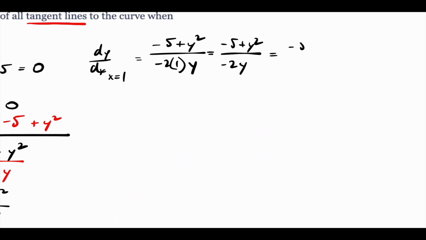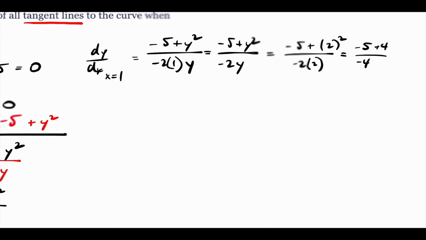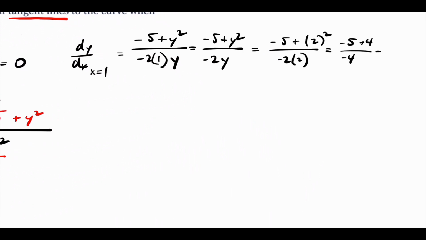First thing I'm going to do is plug in positive 2. So I get negative 5 plus 4 over negative 4, which is negative 1 over negative 4, which is positive 1/4.